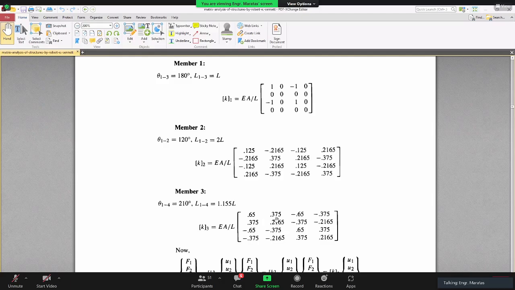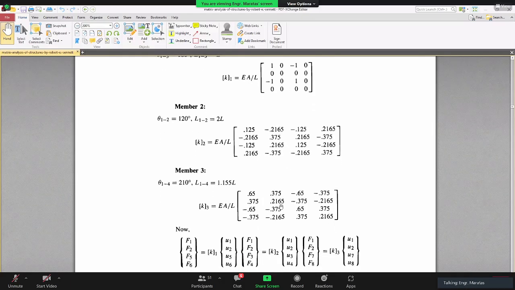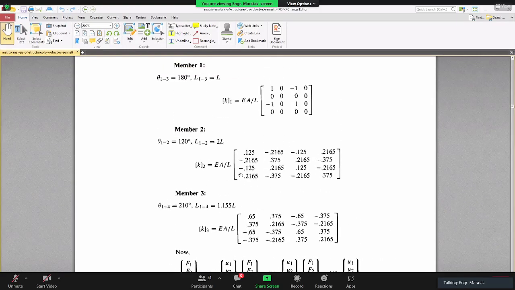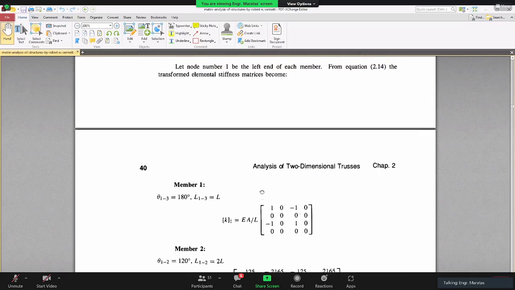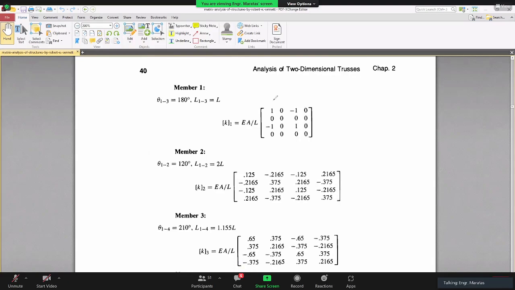As we discussed in the previous meetings, after that we have to combine them. Kindly take note of the markers. The marker for member 1 is 1 to 3, so since it's 3, this should be 1, 2, 5, and 6.